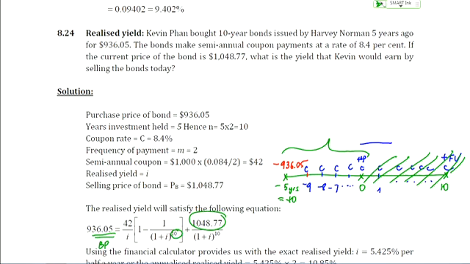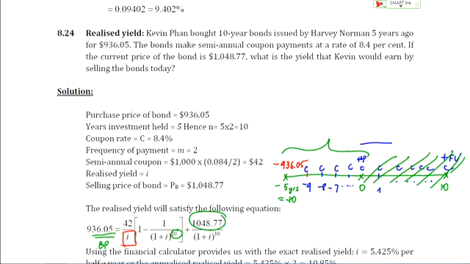And your realized yield will simply be your discount rate I. Okay? Is it clear? So can you do that kind of question? As long as you can draw the timeline, you know exactly what you should put in your formula, right?